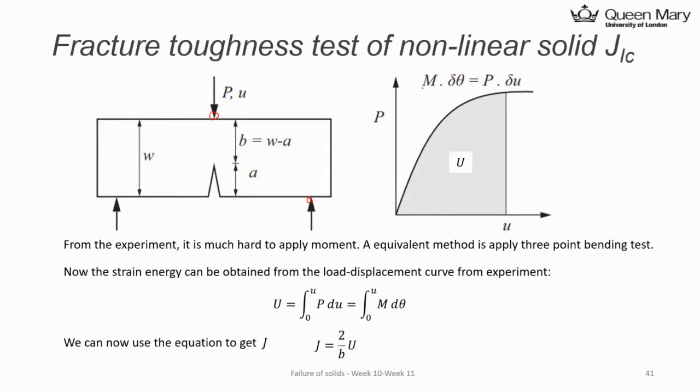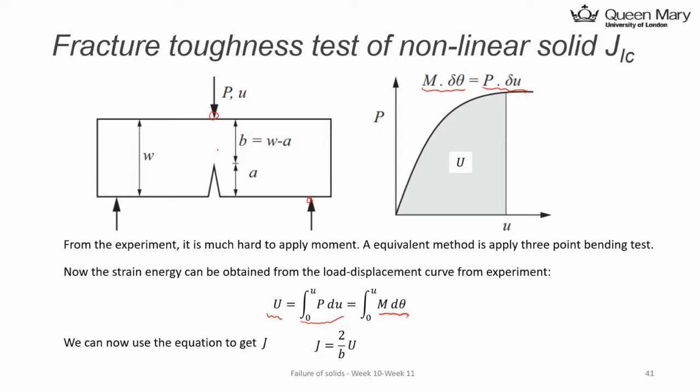And actually, the strain energy derived from the moments is equal to that derived from the displacement. So that's the way we normally do: we get the strain energy not from the moment-theta relationship, but from the load displacement, which is much easier to measure.